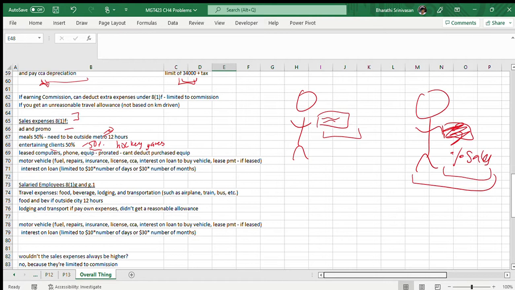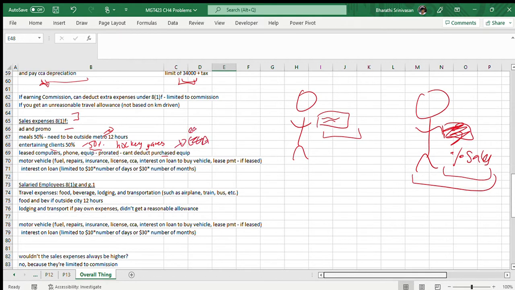If you lease any things, then all of your lease costs you can include. But obviously they have to be prorated to how much you actually use for the company versus your own personal use. One thing is if you purchase equipment, you cannot deduct that. If you're buying a phone, you can't really deduct that. You can only include leases. Because remember, purchased equipment is CCA.